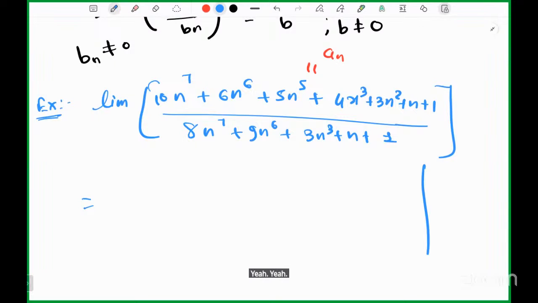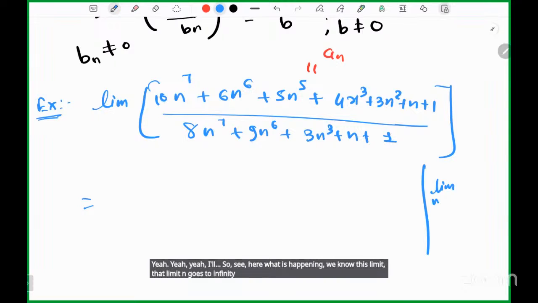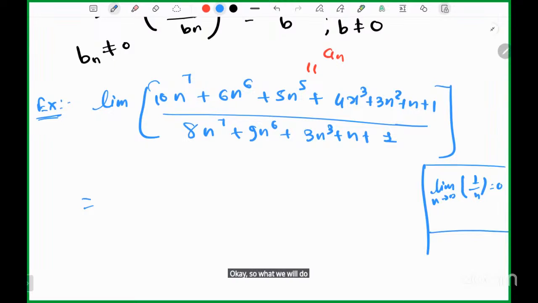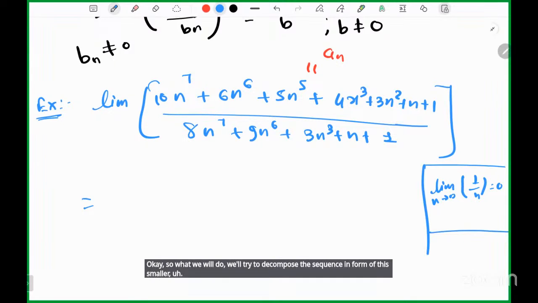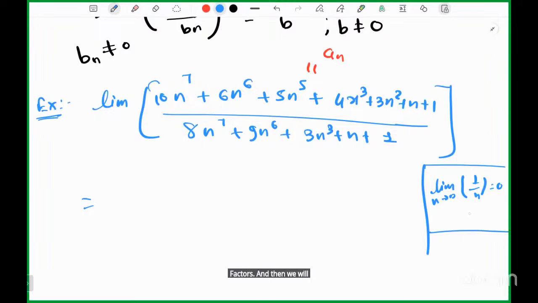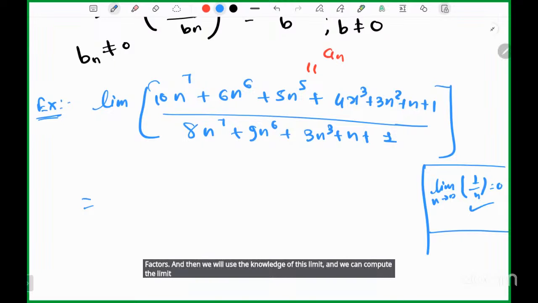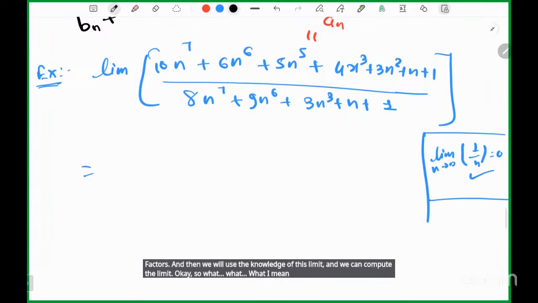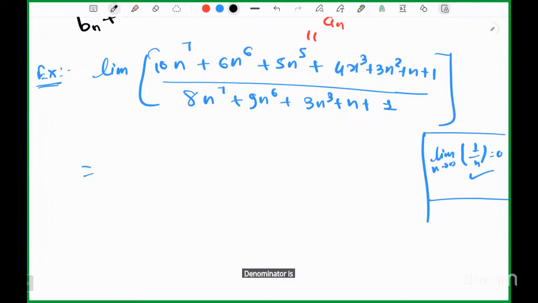So see, here what is happening, we know the limit as n goes to infinity of 1 by n is equal to 0. So what we will do, we'll try to decompose the sequence in the form of these small factors, and then we will use the knowledge of this limit and we can compute the limit. Whenever you have such rational sequences, rational sequence meaning polynomial upon polynomial, where the numerator is a polynomial in n and the denominator is a polynomial in n, what is the step?